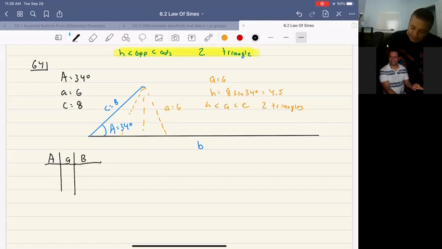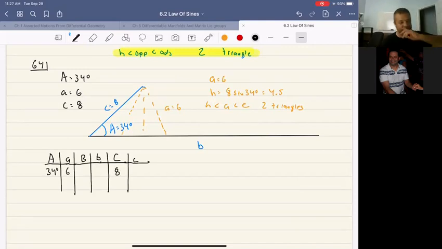So let's say this is B1, B2. And then C. And I know this is 34 degrees. This is 6. And this is 8. That's going to work both times. That information is always going to be true.